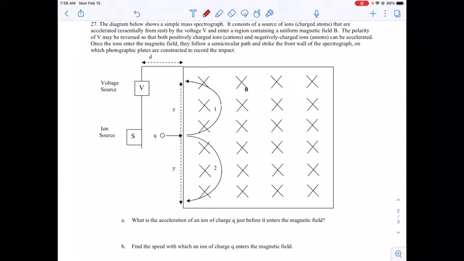It consists of a source of ions, those are charged atoms, that are accelerated essentially from rest by the voltage V, and enter a region containing a uniform magnetic field B. The polarity of V may be reversed so that both positively charged ions, cations, and negatively charged ions, anions, can be accelerated. Once the ions enter the magnetic field, they follow a semicircular path and strike the front wall of the spectrograph, on which photographic plates are constructed to record the impact.